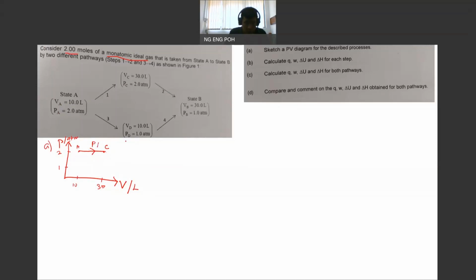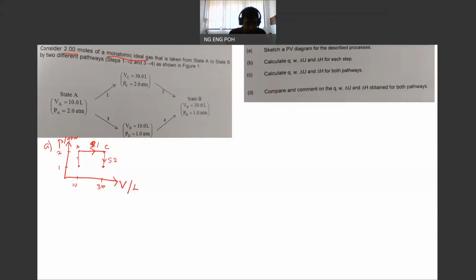Then the other state B is 1 atm and 30 liters. So this is step 1, and then this is step 2. Then for step 3, from here to 1 atm, 10 liters.